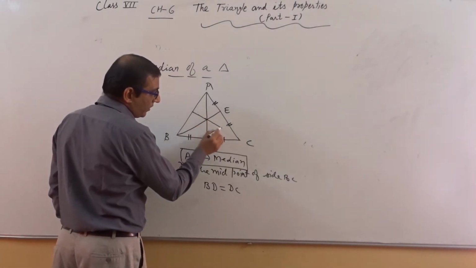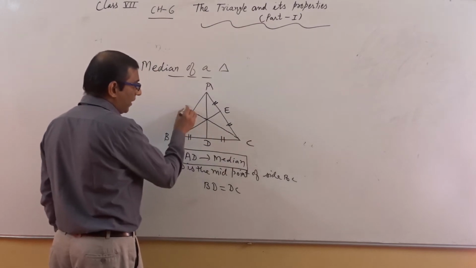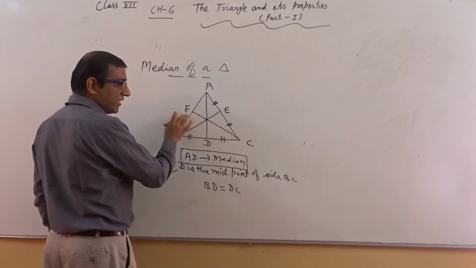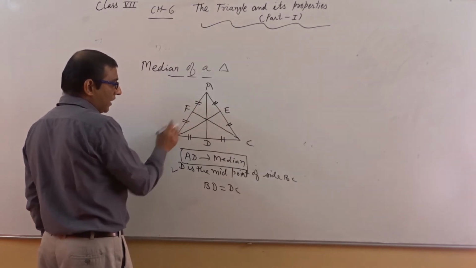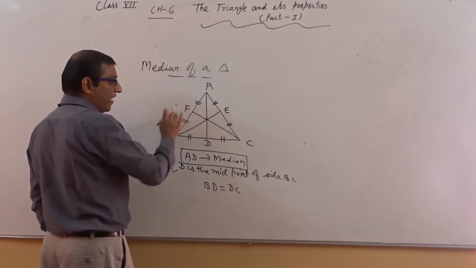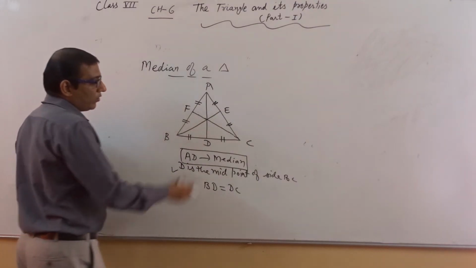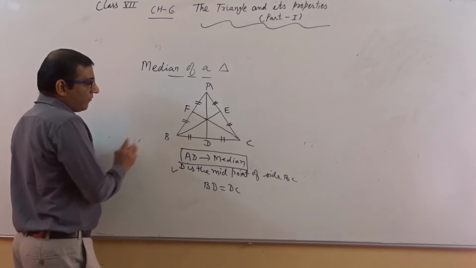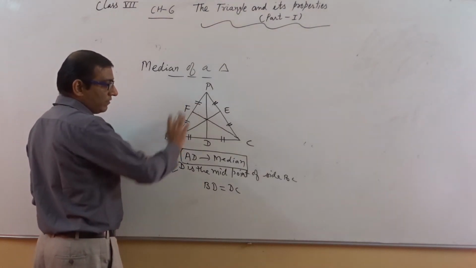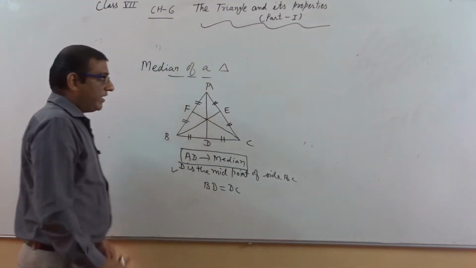If I continue with the vertex C, then we can say CF is also a median, where AF and BF are also equal, because E and F both are the midpoint of side AC and side AB respectively. It means we can say a triangle has 3 medians.